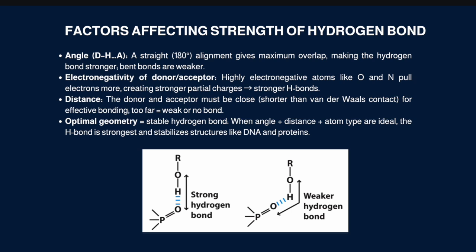Okay. The optimal geometry: a stable hydrogen bond forms when angle, distance, and atom type are right, like donor and acceptor, one should be the donor, one should be the acceptor, and the hydrogen bond is strongest and stabilizes structures like DNA and protein. Now again you can see in the diagram the ROH and the other molecule is OP. Okay, so here the dash is representing the partial polarity, dipole, and OH forming a straight covalent bond.